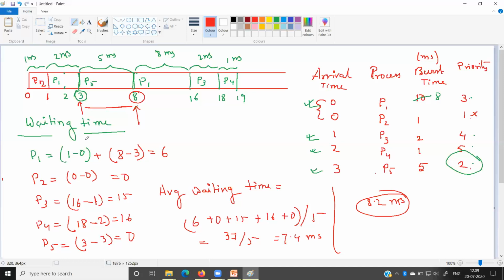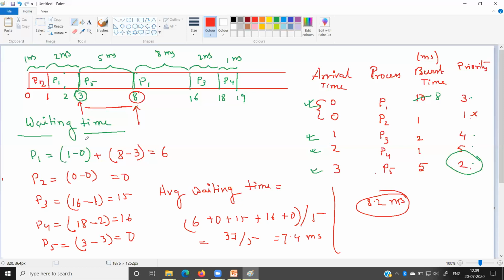So here you can see the execution of the process is preempted by the arrival of a higher priority process. That is, the execution is interrupted. So as you know from the definition of preemptive scheduling, if the execution of the process can be preempted, then that type of scheduling algorithm is called a preemptive scheduling algorithm. So in this case, priority scheduling acts as a preemptive scheduling algorithm.